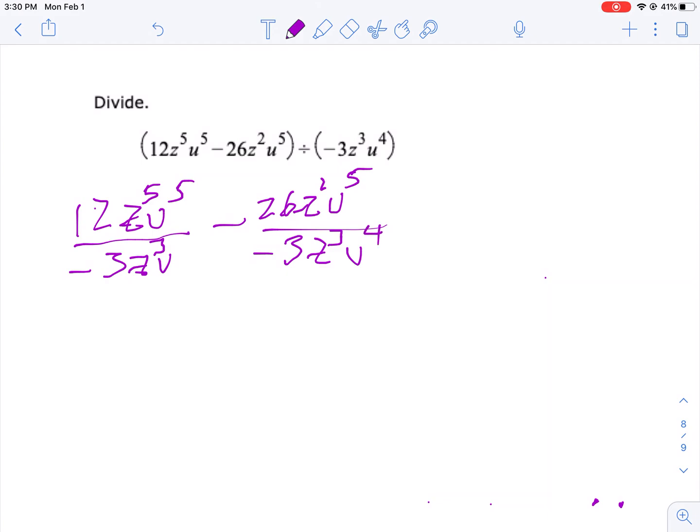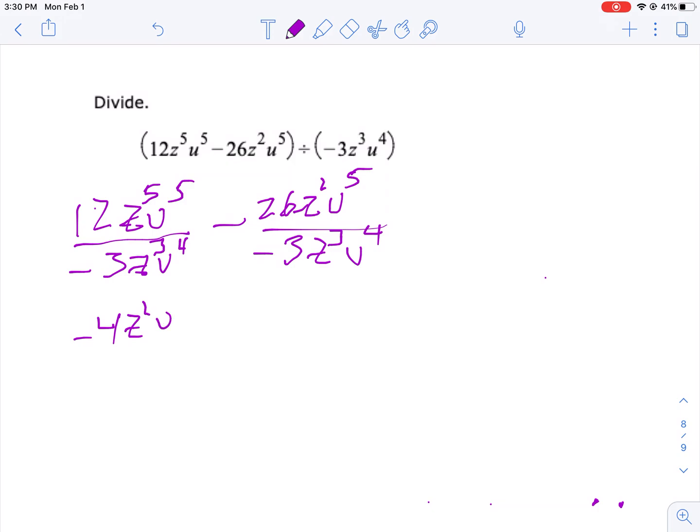Okay, now let's divide. 12 divided by negative 3 is negative 4. Subtract your exponents. 5 minus 3 is z squared. u to the 5th. My 4 didn't show up there. u to the 5th over u to the 4th is u to the 1st. So we're good there.